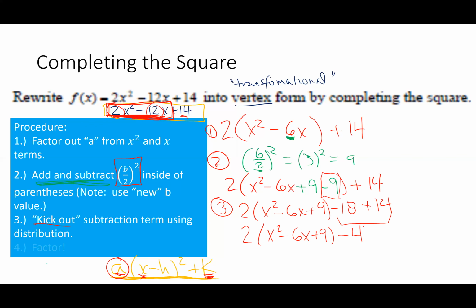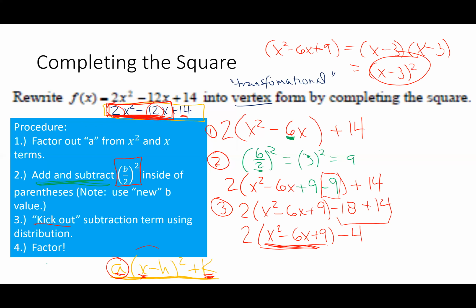Now, my final step is I'm going to factor this polynomial here. So I'm going to leave this to you all, but when you factor this x squared minus 6x plus 9, what you should get is x minus 3, which goes nicely to x minus 3 squared, which if we look at that, that's what we're looking for here.